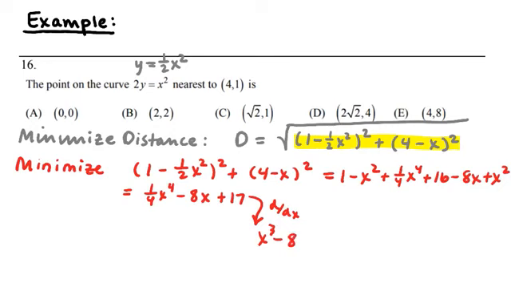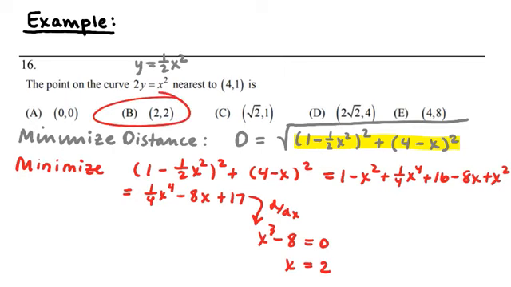This is promising, right? Because this is going to be where x is equal to 2. Okay, so that's a good sign, right? I'm seeing some 2's around here. It's looking to me like it's going to be b, which is where x is 2 and y is 2. Let's just make sure that that works. 2y is 4 equals x squared. Yes, wonderful.